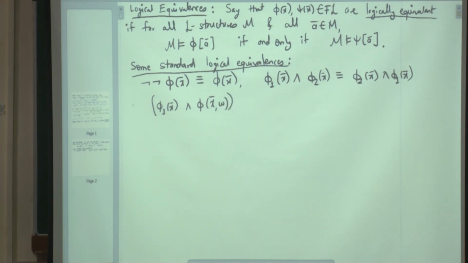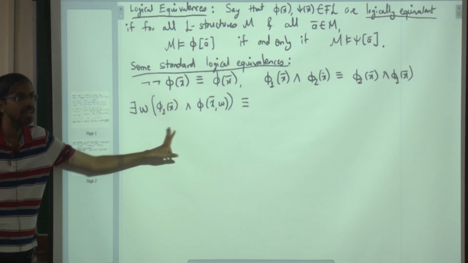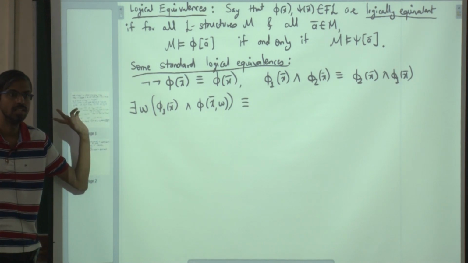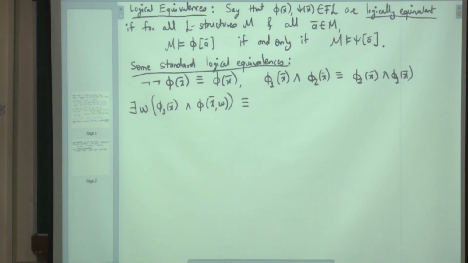So I am writing this and I am saying there exists a w. Then what is it logically equivalent to? Think about it. w doesn't appear here. So therefore we can push this to the second side. So we can write that it is phi 1 x bar conjunction there exists w, phi 2 x bar w.